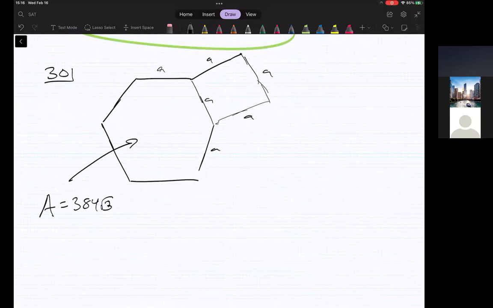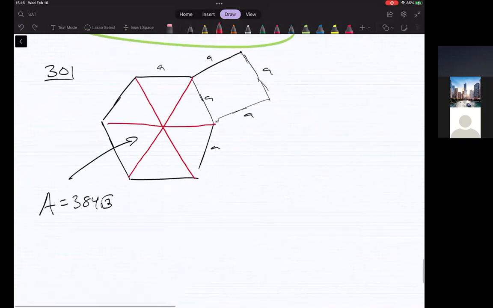Easiest way to do this is, first of all, try to find the value of A. There's a lot of formulas that you're not going to remember when it comes to geometry. So what you want to do is make the pictures smaller. Change this all into triangles. Why? Because it's a hexagon.